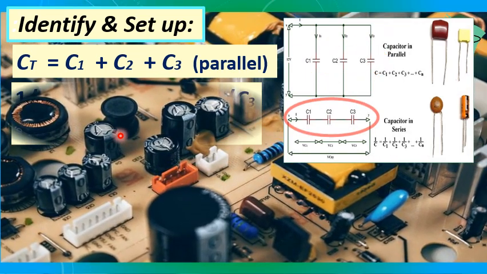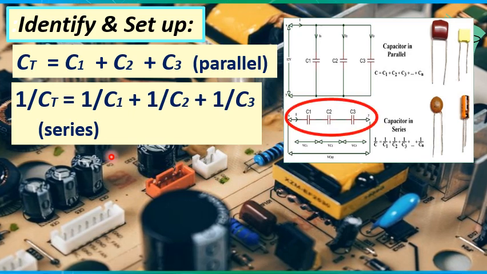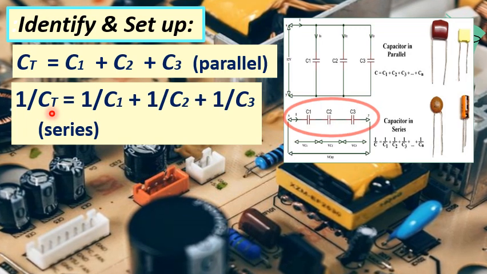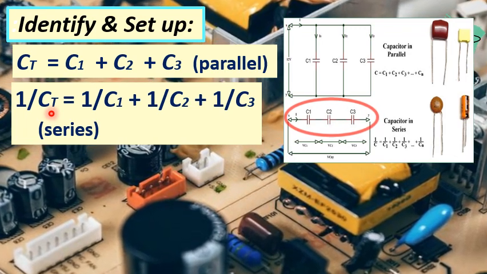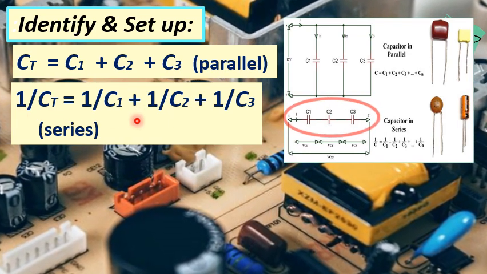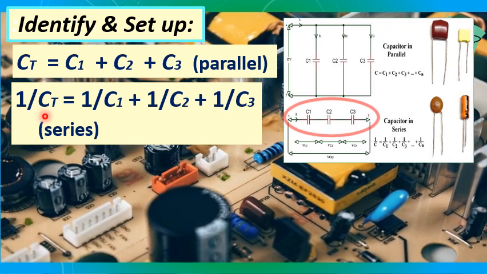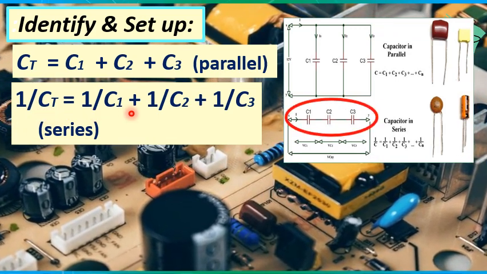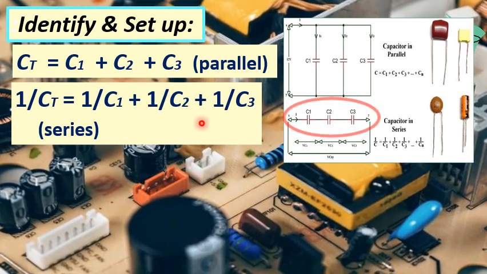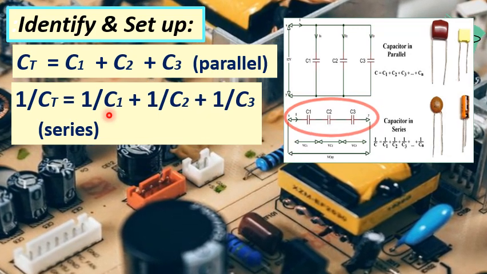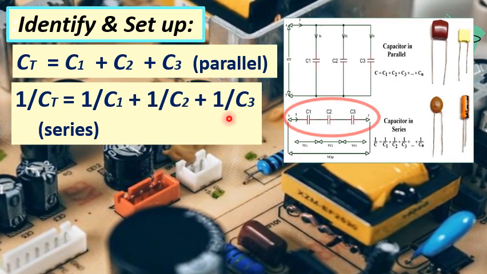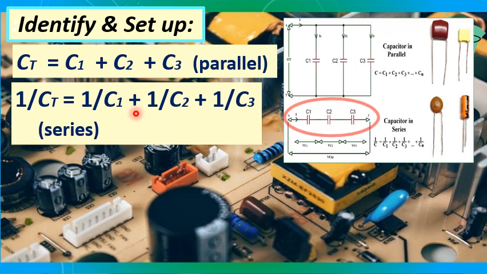But if the capacitors are connected in series, then the formula for finding the equivalent capacitance is expressed in terms of the reciprocal. That is, 1 over C sub T is just equal to the sum of the individual reciprocals of the capacitances. That is, 1 over Ct is equal to 1 over C1 plus 1 over C2 plus 1 over C3.